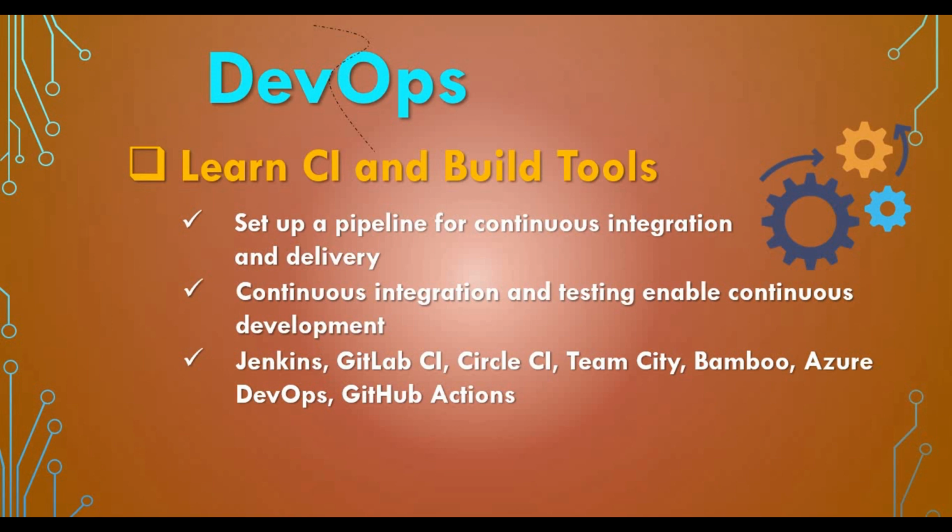So it's up to you, you can focus on which one is relevant for you, but I would suggest you start with Jenkins, GitLab CI. Those are very common ones, and you can also use build tools like Maven, Gradle, MS Build. You may have a Java project, or you may have a .NET project, so you may be using Maven and Gradle for building your Java project.